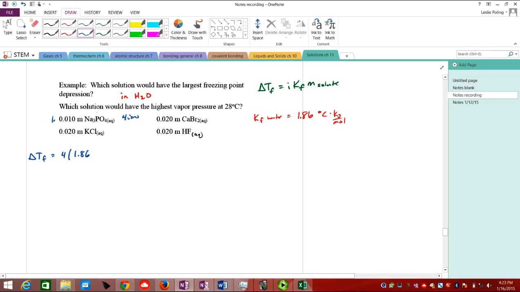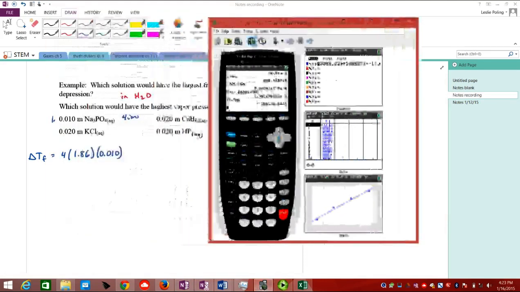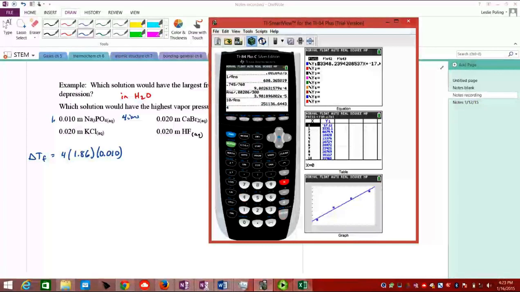And the units are going to be degrees Celsius times kilograms per mole times moles per kilogram, which comes to degrees Celsius for all of them. So we have 4 times 1.86 times 0.01. So we have 0.0744.